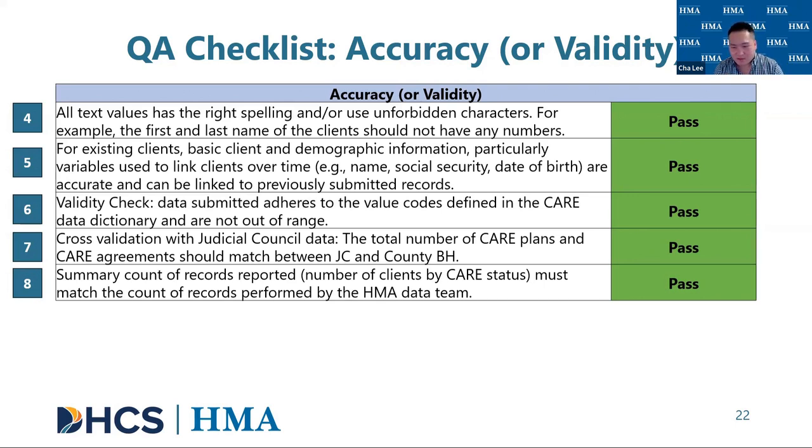Element 8, we will do a summary count of records submitted. And this is the summary tab that Chris mentioned earlier. Our number, the one that we calculate on the back end, must match the summary number reported by the county. If there are any missing records or we have extra records, we're going to be reaching out to the county to address that.